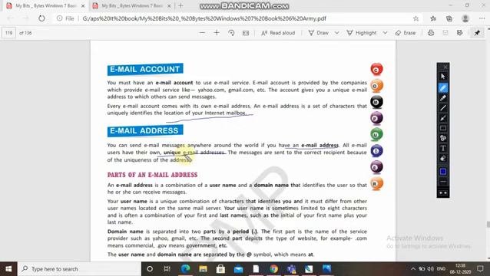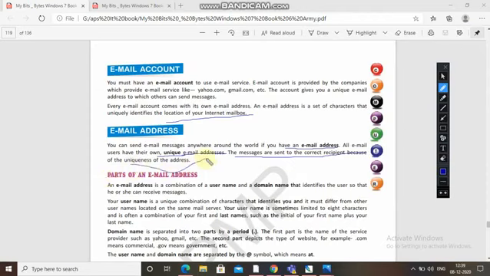All the people would see the messages, and no one would get the correct message. That's why a unique address and unique email ID is there. The messages are sent to the correct recipient because of the uniqueness of the address. I hope you all are getting this.